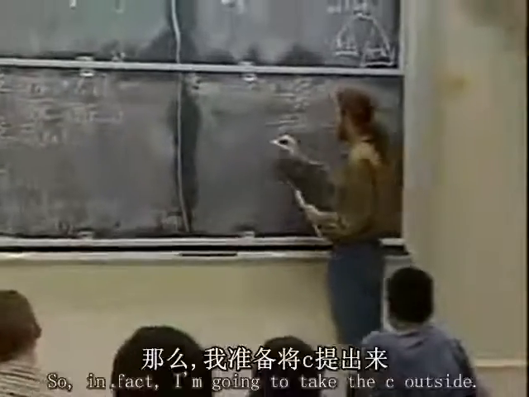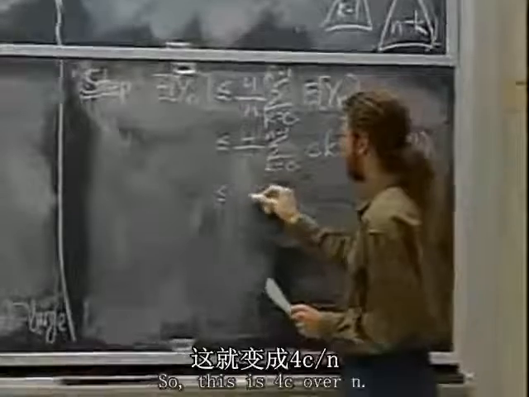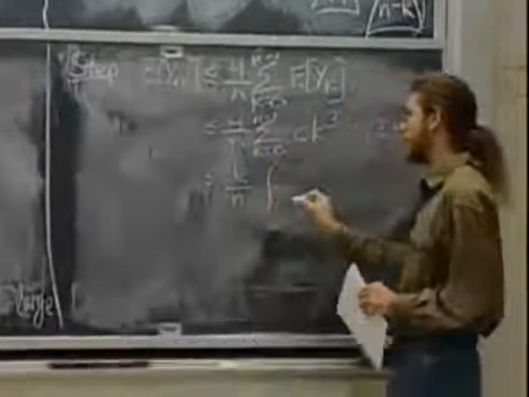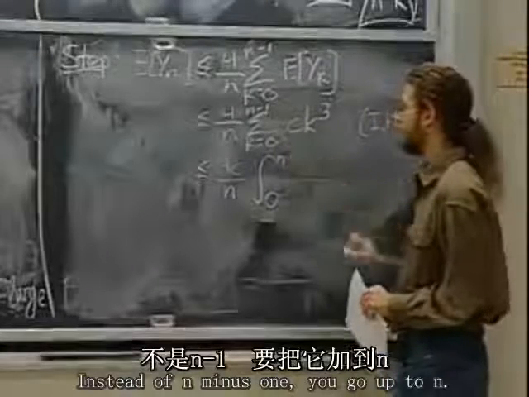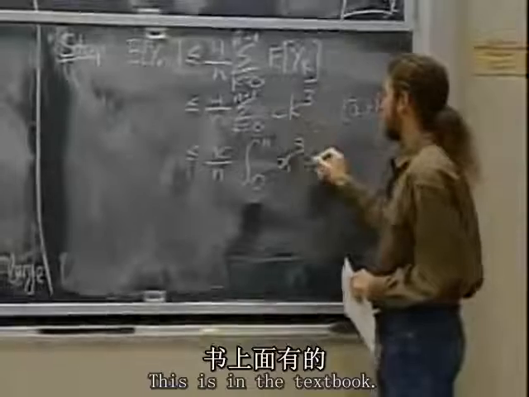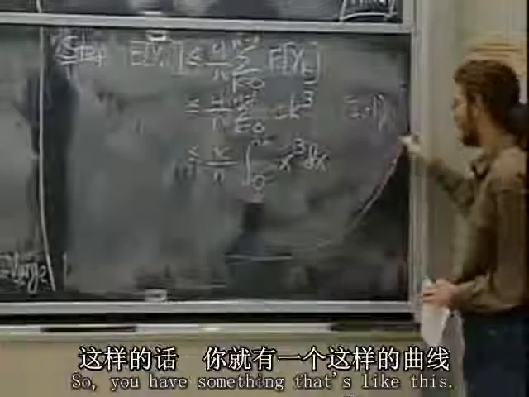So in fact, if I'm going to take the c outside also, so this is 4c over n. The sum is at most the integral if you get the range right. So you have to go one larger. Instead of n minus 1, you go up to n. This is in the textbook. It's intuitive, too. As long as you have a monotone function, that's key. So you have something that's like this.